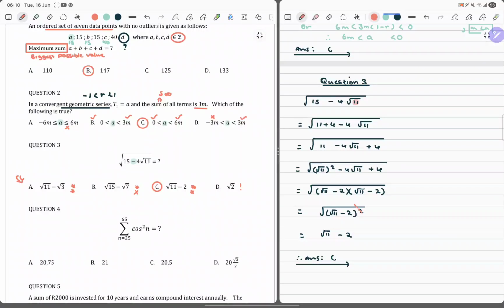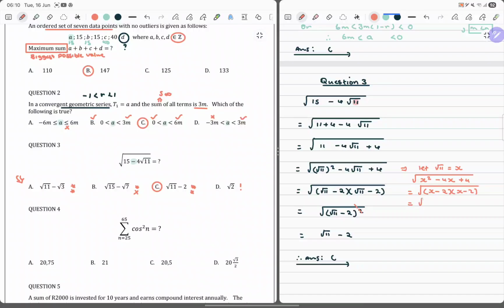Now, some people may still get confused when they get to this stage. Some would prefer to write and say, perhaps let root 11 be equal to x, in which case we're going to end up with the square root of x squared minus 4x plus 4. And this essentially provides us a much clearer view of things.